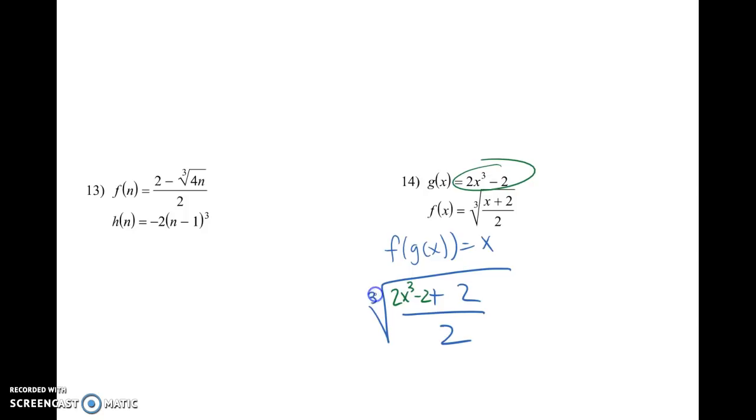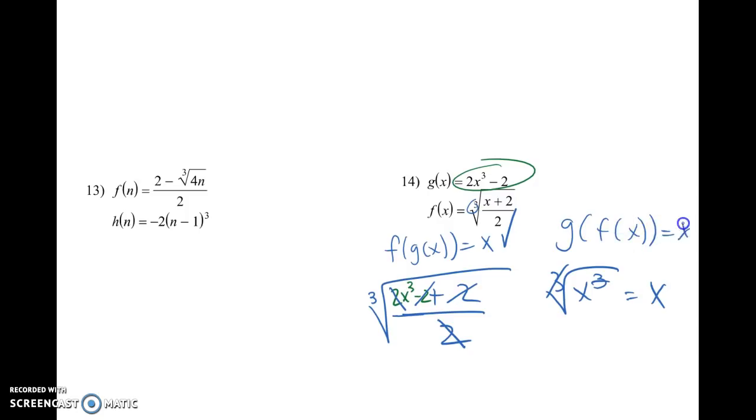And I made a little typo here, I forgot to put the cube part there. So looking at this, I have that negative 2 and that positive 2 cancel. That 2 and that 2 cancel, and I'm left with the cube root of x cubed. And those are inverses, so it's true for this one. Don't forget to check it for g of f of x. Good luck, guys.